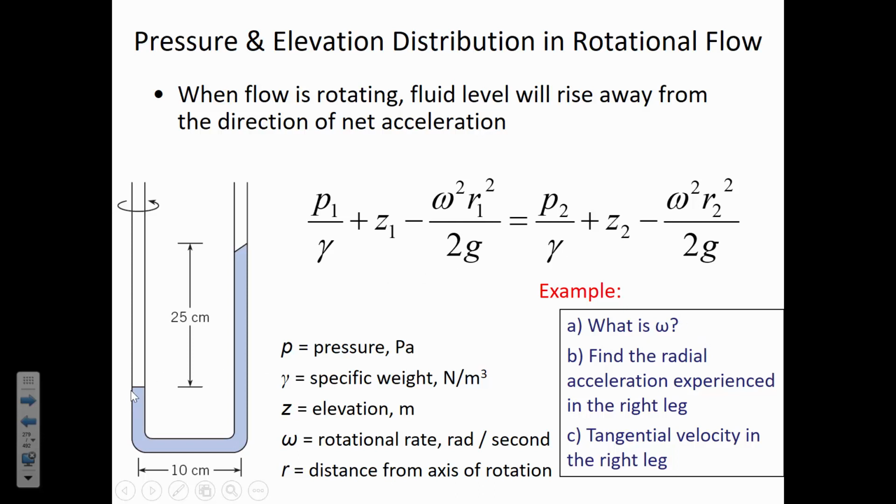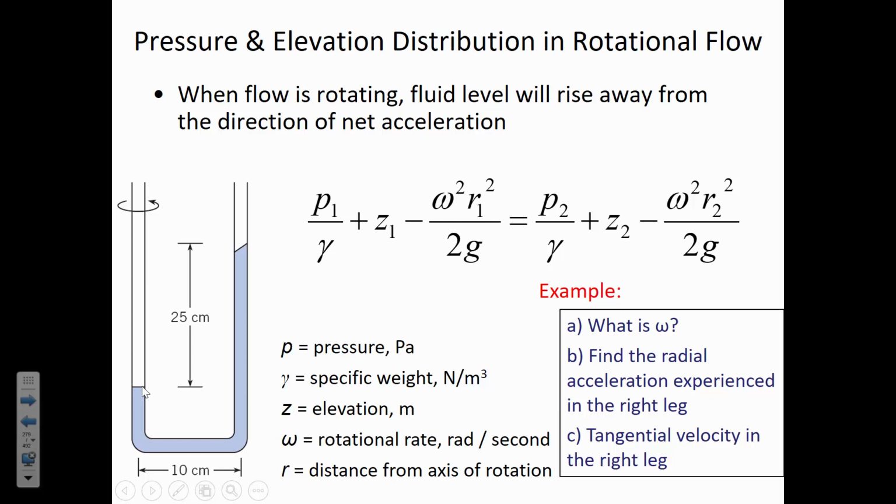We know for location 1, let me just sketch this on the whiteboard, it's rotating about the left leg, and 1 is at the surface, and 2 is this other surface where it's further away. All right, so if we want to find out what's the rotational rate, we have some given information.